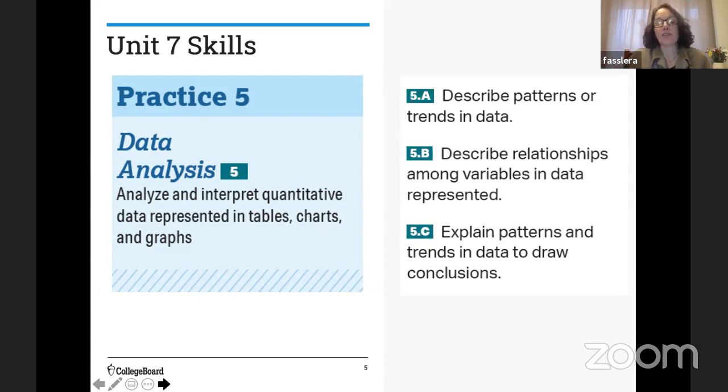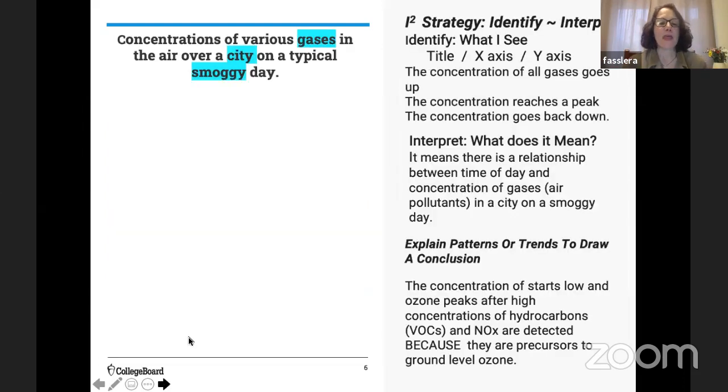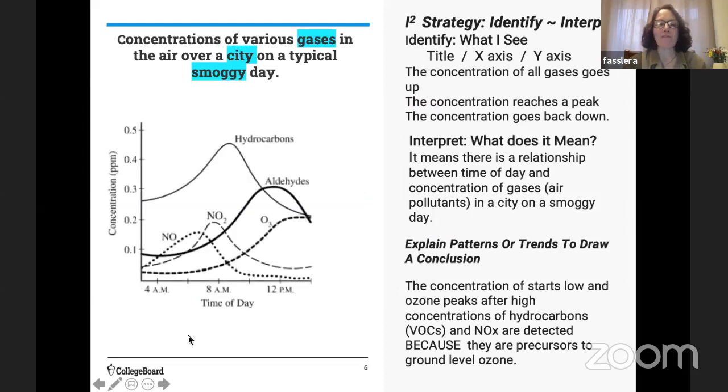By the time I'm done with this practice, I'm going to start by describing a pattern. I'm going to look at relationships among variables for that quantitative graph that I have. And finally, I want to be able to draw some conclusion and relate that back to the content so I can explain that pattern. So let's start off with a graphic representation of some data from atmospheric pollution.